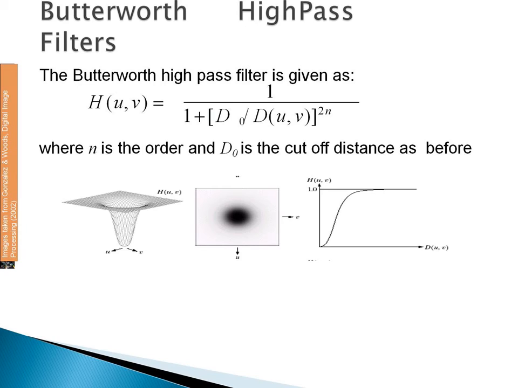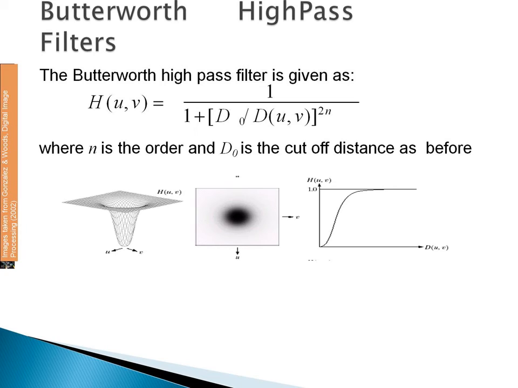The Butterworth high pass filter also depends upon D0 and D of uv. It is of order n, and the cutoff frequency is D0, where D of uv is the distance from the center of the Fourier rectangle.